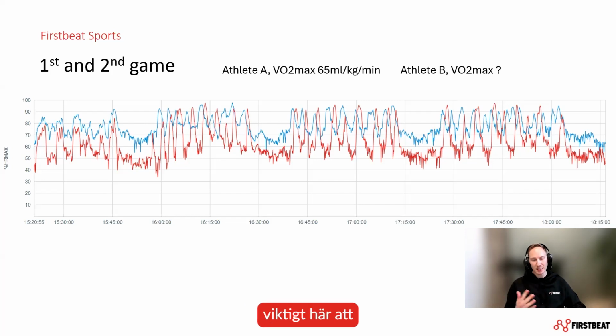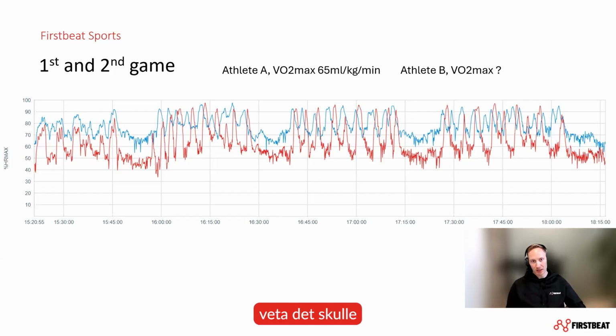What is important to note here is that the strength and conditioning coach had the real max heart rate of the athlete from the former club, and also the athlete confirmed that this is his real max heart rate.